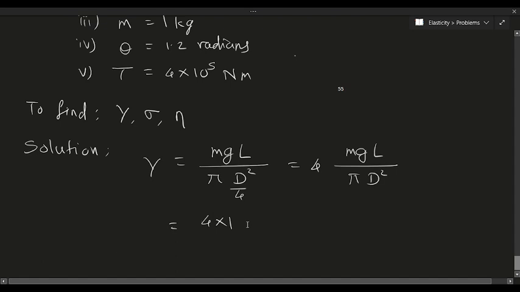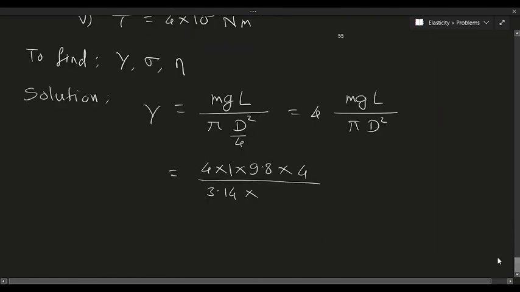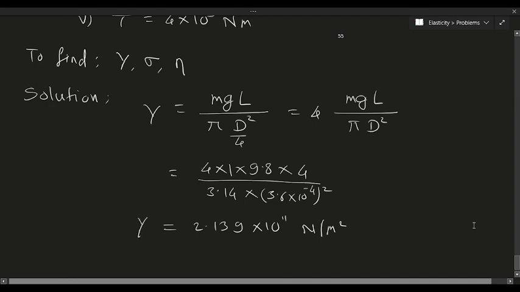Mass is 1 kg, g is 9.8, capital L, the original length, is 4 meter, pi is 3.14 and diameter is 3.6 into 10 raised to minus 4 meter. On calculation we get 2.139 into 10 raised to 11 Newton per meter square for Young's modulus.